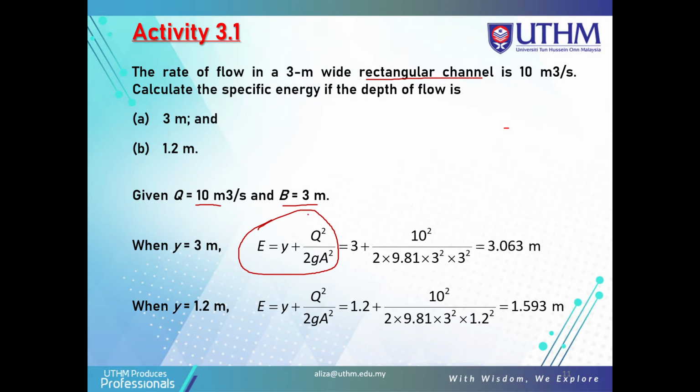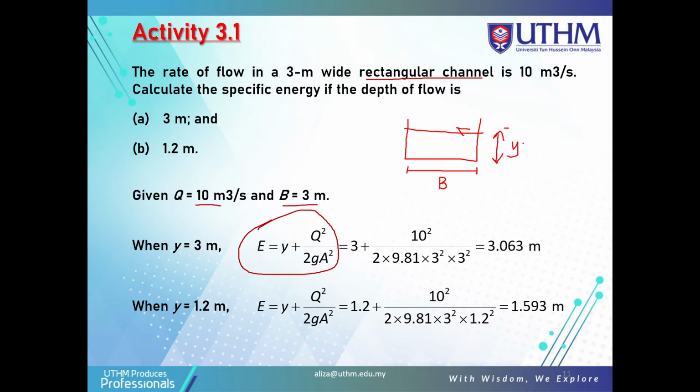So q is 3 meter, y is 3 meter, plus the discharge 10 to the power of 2, times 2 and g and the area for the rectangular channel. This is b and this is y.